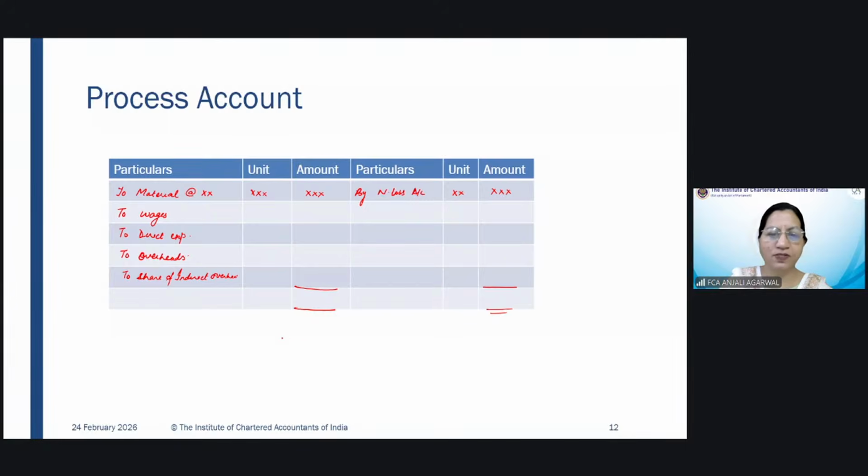After this, what you need to do is total cost, which is this figure, minus amount realized from sale of normal loss, divided by total units, which is this figure, minus normal loss units.